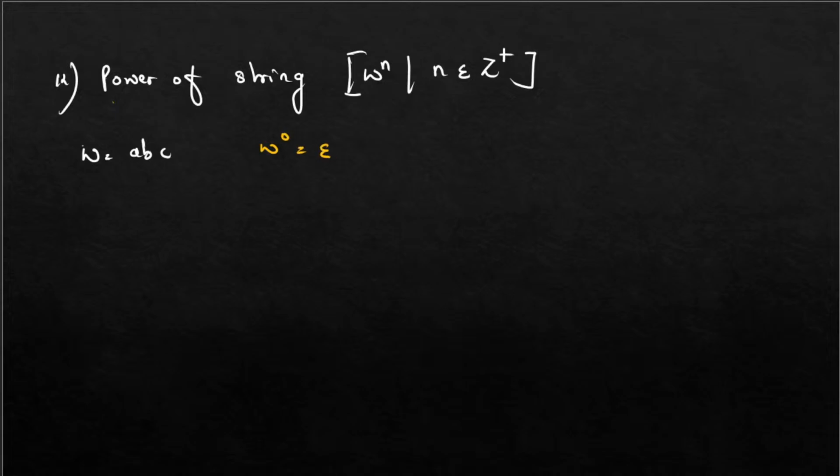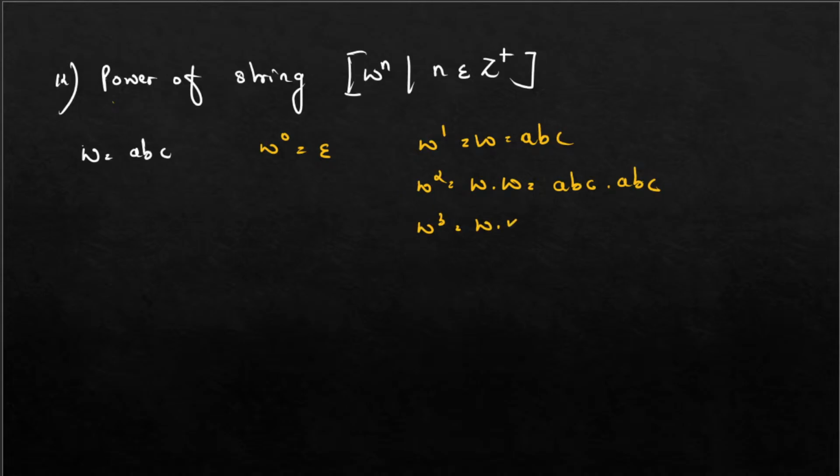So this is epsilon. What is w^1? It is nothing but w, so it is abc. Now what is w^2? This is w into w, that means it is abc dot abc. If you write w^3, what does this mean? w concatenated with w concatenated with w. So it will be exactly equal to abc dot abc dot abc, right?